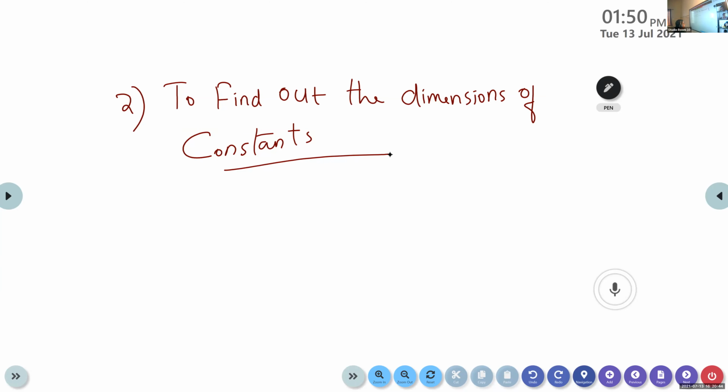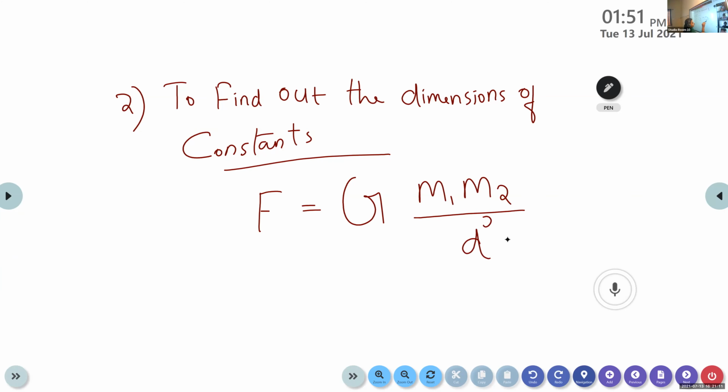For that, I consider an equation: F is equal to the universal law of gravitation. Can you recall it? F is equal to G into M1 M2 divided by the square of their distance.